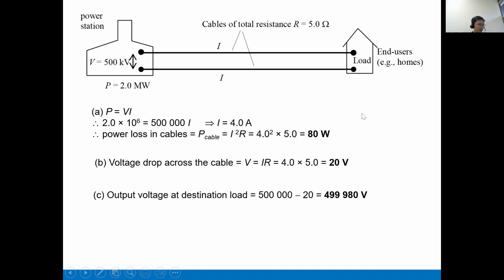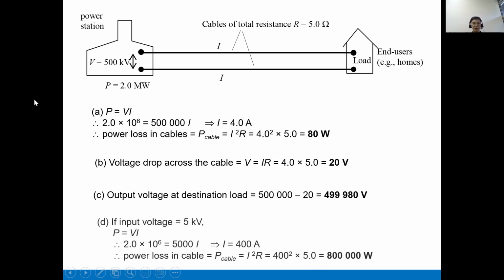Next, part B: recalculate the power loss in the cables if the input voltage was 100 times smaller at 5 kilovolts instead. So we're repeating part A. If the input voltage is 5 kilovolts, using P equals VI, the current is 400 amperes. Using I squared R, you lose 800 kilowatts.